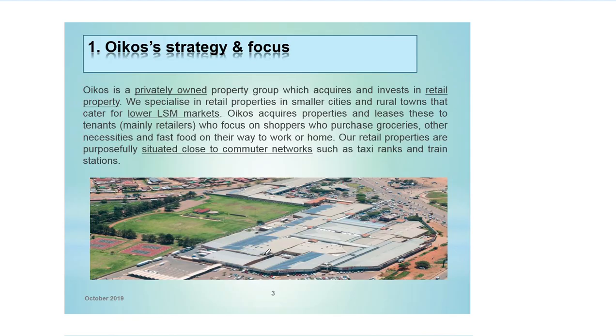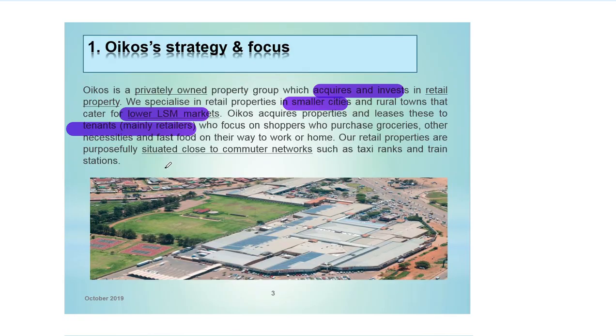So now, what do you understand based on the information that you see or you have been provided here? They are emphasizing again that they are looking at the small cities and their focus is on the lower LSM market. And what are they doing actually? They acquire and invest in retail property. And they have tenants, and these tenants are retailers.